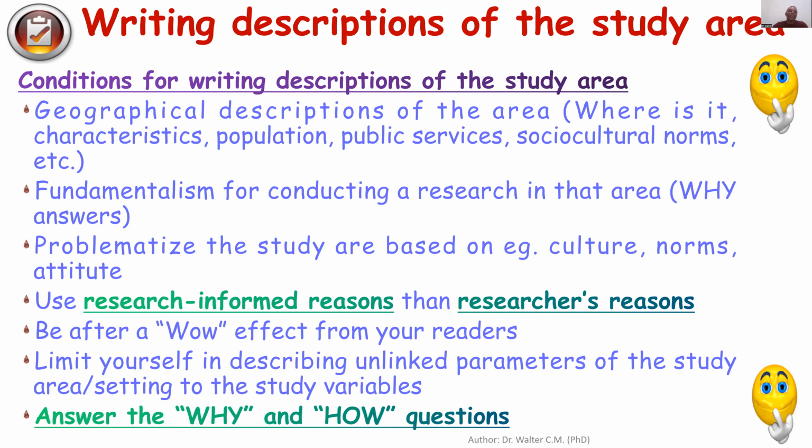You see? And then the other condition is to limit yourself, as I said earlier, from describing unlinked parameters of the study area of your choice, based on the study topic or research topic. See, maybe you are studying agriculture.